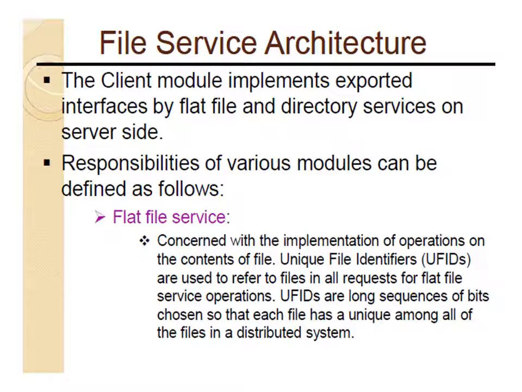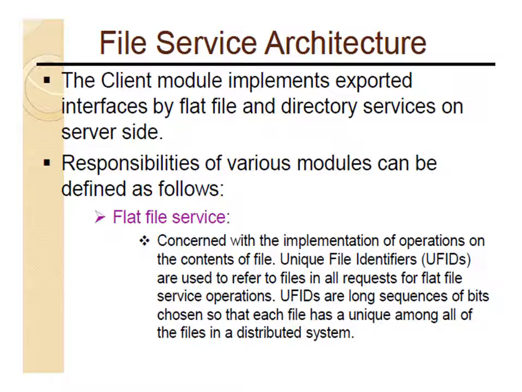Responsibilities of various modules can be defined as follows. Flat file service: what is its responsibility? It is concerned with the implementation of operations on the contents of the file. Unique file identifiers, called UFIDs, are used to refer to files in all requests for flat file service operations.